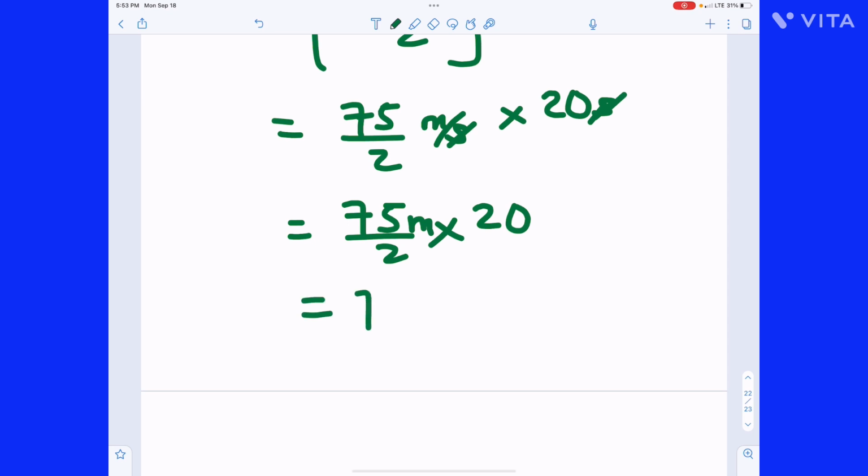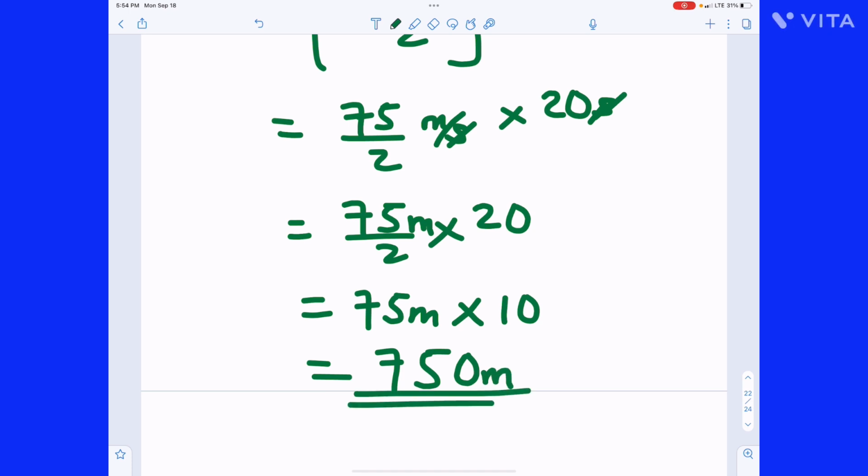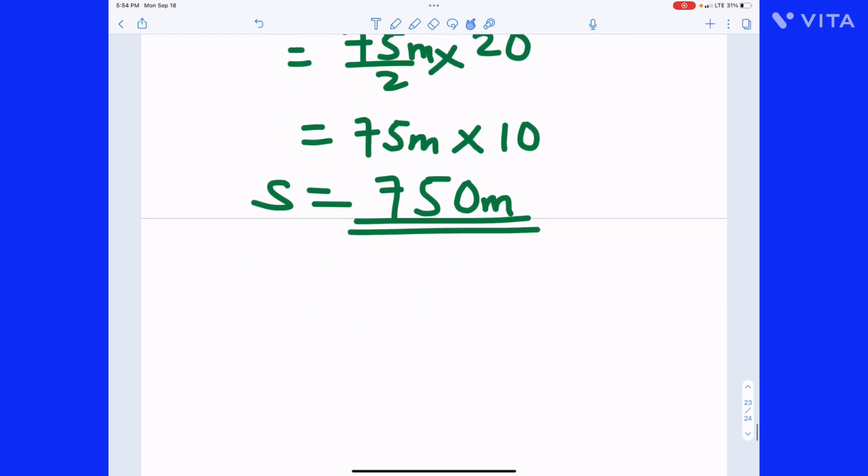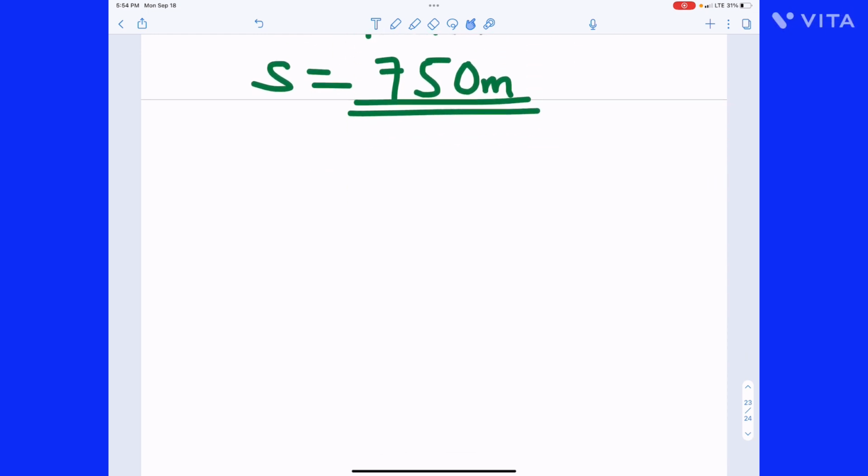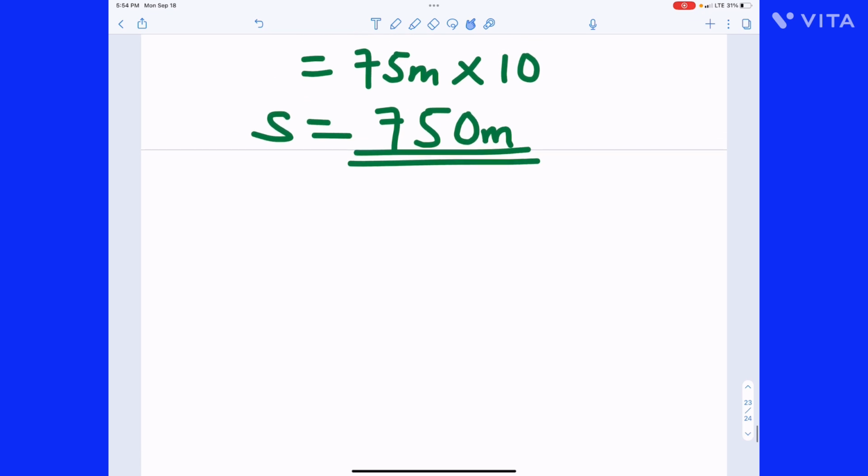So that gives you 75 meters times 10, that's 750 meters. So the distance traveled after the brakes were applied before getting to rest is 750 meters. Last question now.